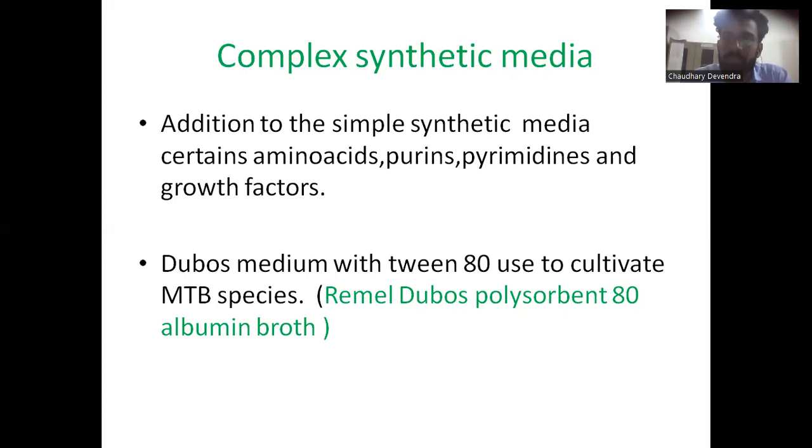We discussed the media. Dubos medium with Tween is used to cultivate MTB species. It is an example of synthetic medium.